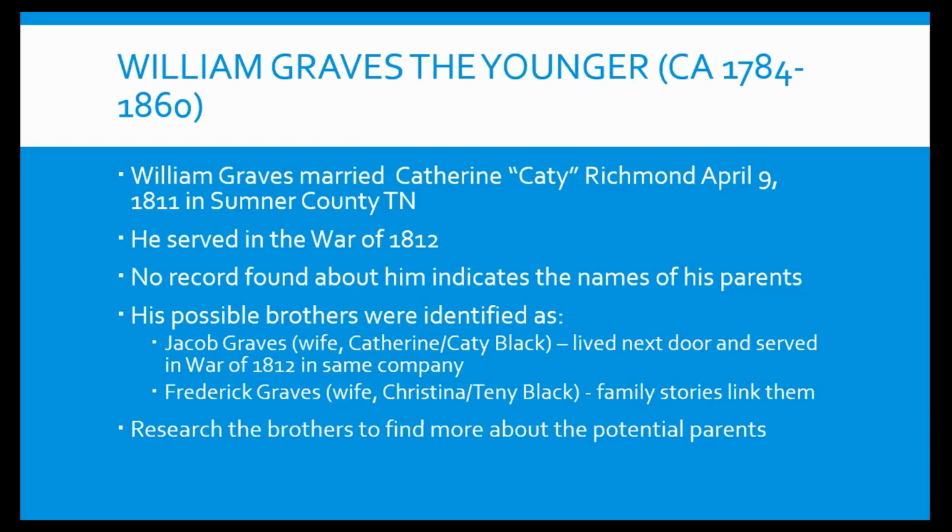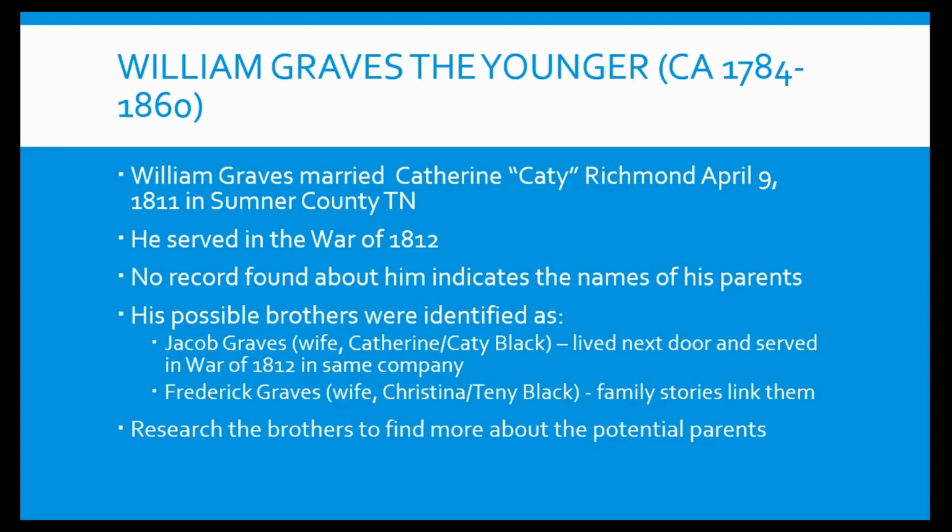There were just some family stories that said that he was the brother. So another great possibility for research is when you've researched your person extensively. I feel like I have researched William Graves's life very extensively, and yet I cannot find a trace of who his parents might have been.